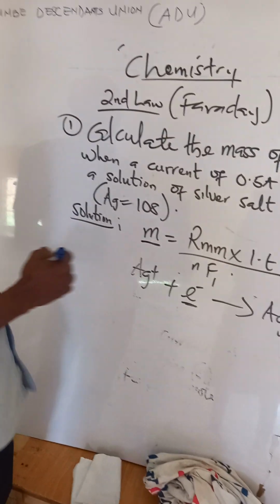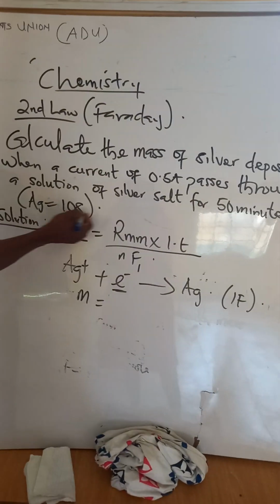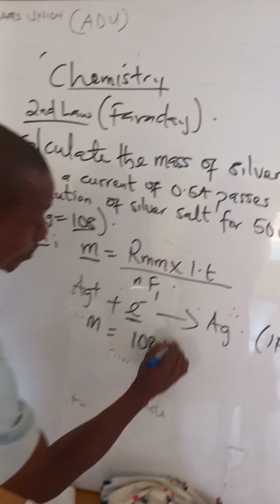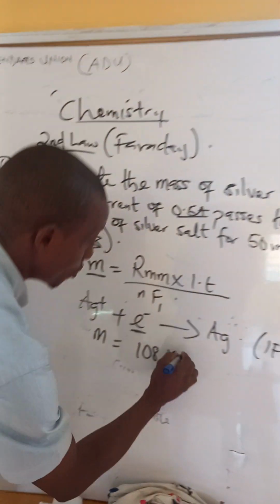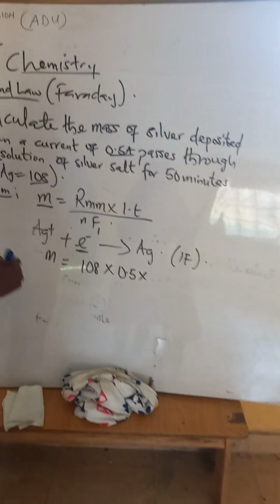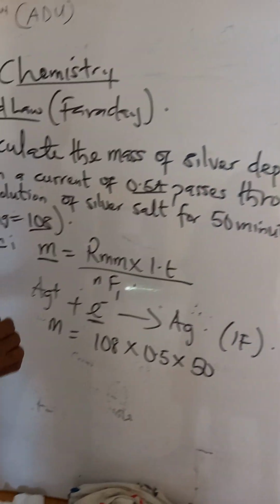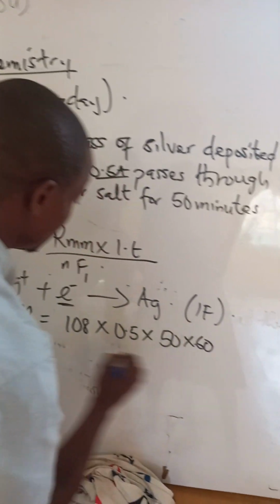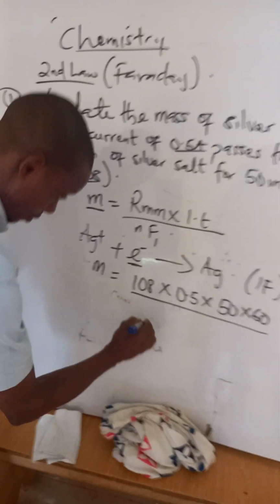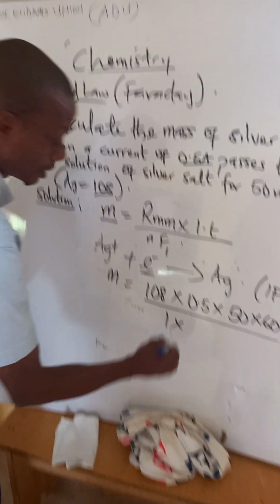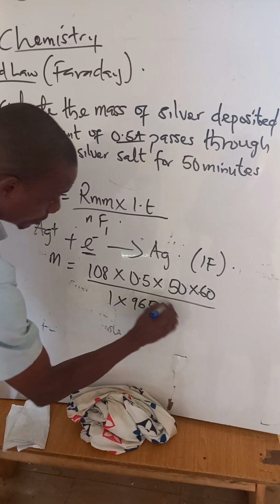So we can then proceed to this formula. The mass deposited is what we are looking for. M is unknown. RMM has been given to be 108, multiplied by I, which is 0.5, multiplied by T, which is 50 but given in minutes, so we convert it to seconds, multiplied by 60, divided by N. It is 1 mole of silver that was produced, 1 multiplied by the number of Faraday, that is 1, so 96500.